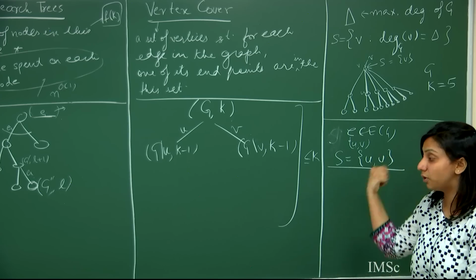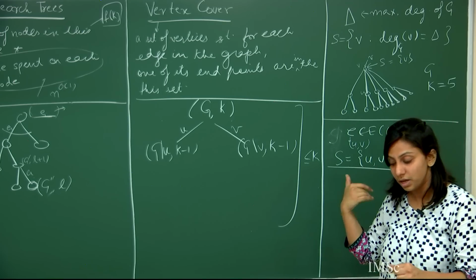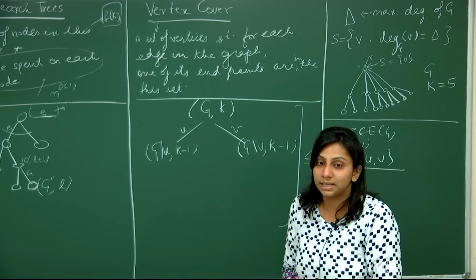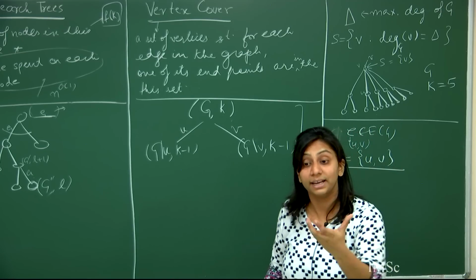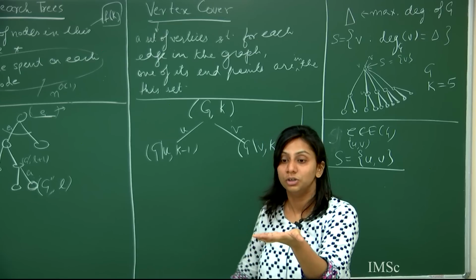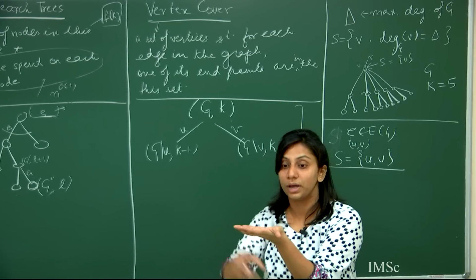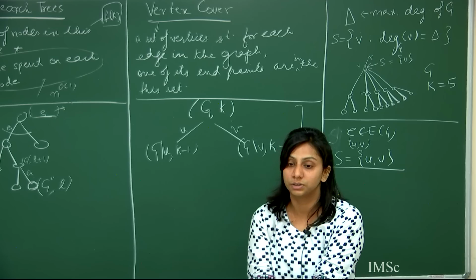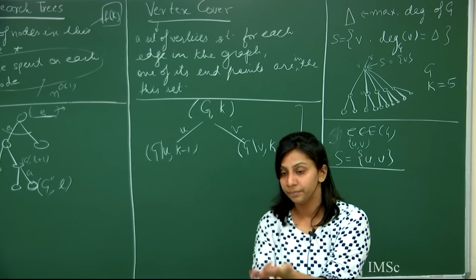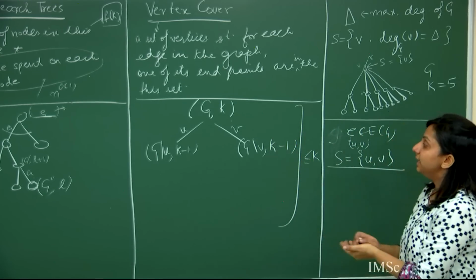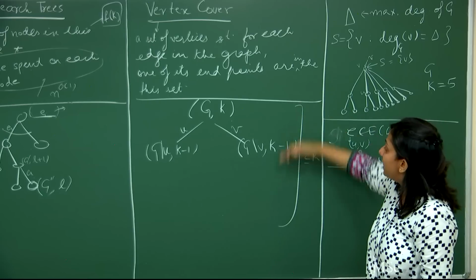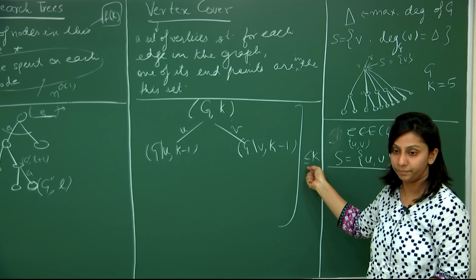So even when I'm not able to find such a set S in my graph, that means there is no edge, and that means the graph is an independent set. And for those instances for which you cannot find an S, that means you cannot branch further, you are able to solve this problem in polynomial time, right? In either case, the point is the height of this tree will not be more than k, okay?